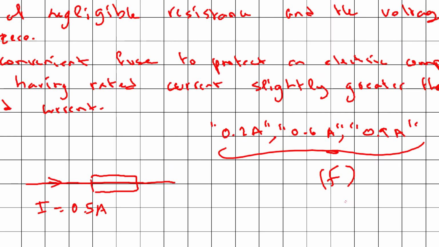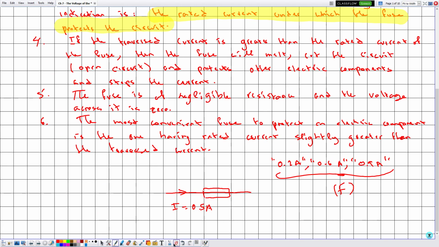Then 0.2 amperes doesn't work because it is less than this. The fuse must have a current greater than this. So we have 0.6 or 0.9, but the slightly greater is 0.6, which is the closest to 0.5 amperes. Okay, this is it for idea number 6.